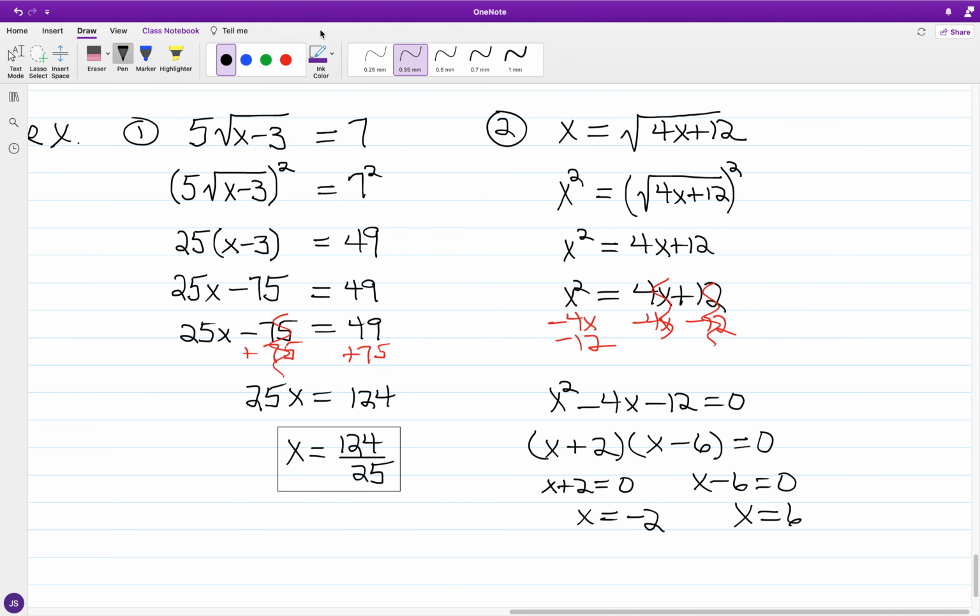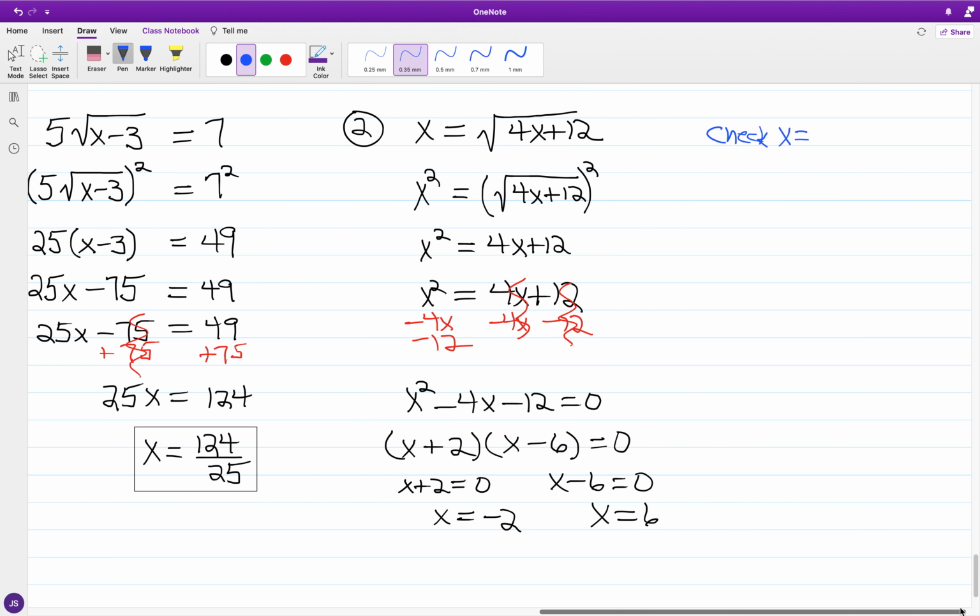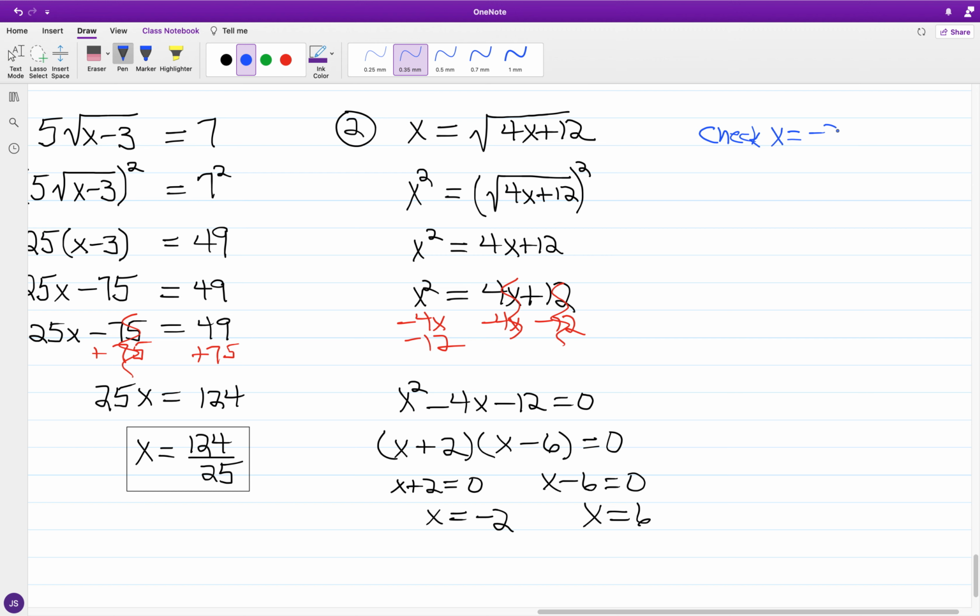So we might have two solutions, we might have only one solution, or we might not have any at all. So if I check x equal to negative 2, just plugging in, x is at negative 2.